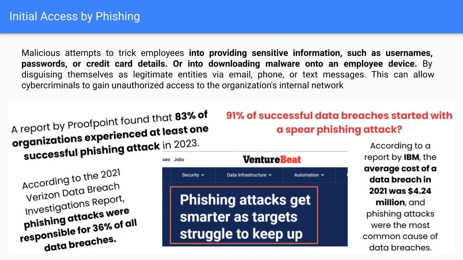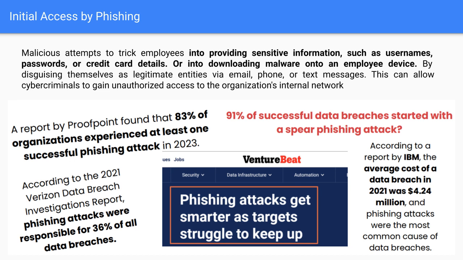And let's discuss why phishing is so important and why phishing is so dangerous. So what is phishing? I believe that Mr. Hisham went through all of these introductions in the last session, but as a quick recap, phishing is an attempt to trick an employee or whoever the victim is into providing sensitive information or downloading a malware.